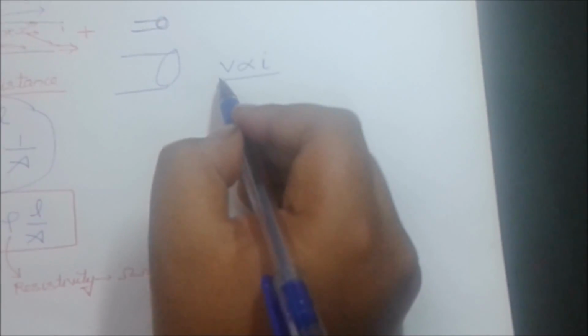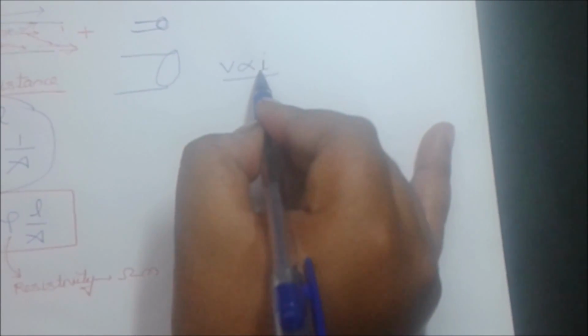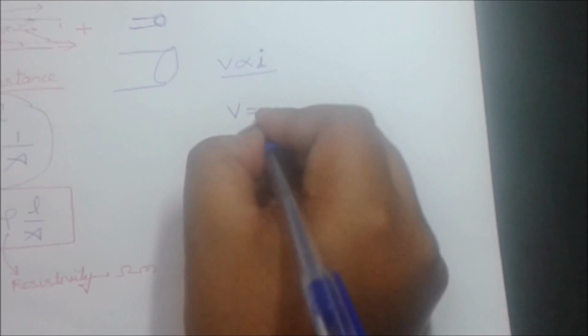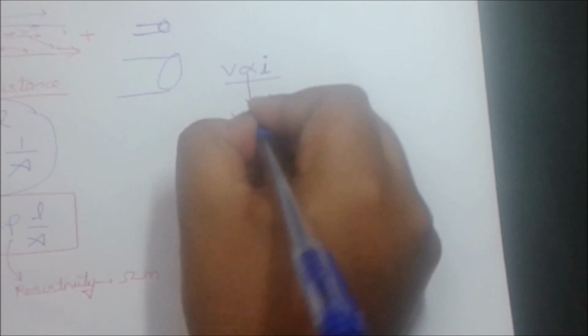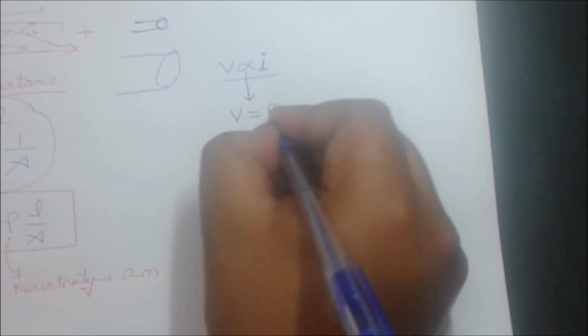So V is directly proportional to I. This is Ohm's law. That is, voltage across this conductor is directly proportional to current flowing inside this conductor. And when we simplify this proportionality, we get V is equal to IR, where R is resistance. This is simply Ohm's law.